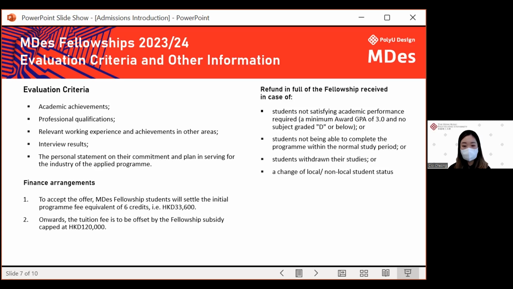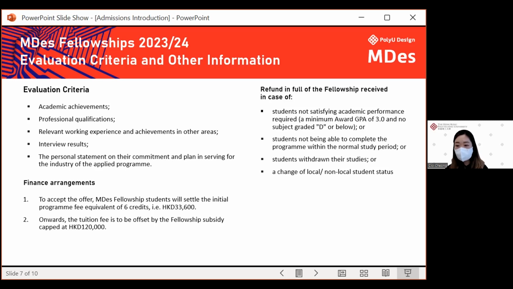Okay, for the detailed arrangement for the finance. You first need to accept the offer, and then you need to settle the initial program fee equivalent to 6 credits, which is around 33,000 Hong Kong dollars. And then the tuition fee will be offset by the fellowship subsidy. But please be reminded, you can see on the right-hand side, there are some criteria for you to obtain the fellowship.